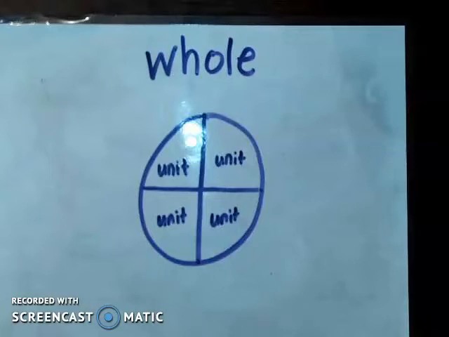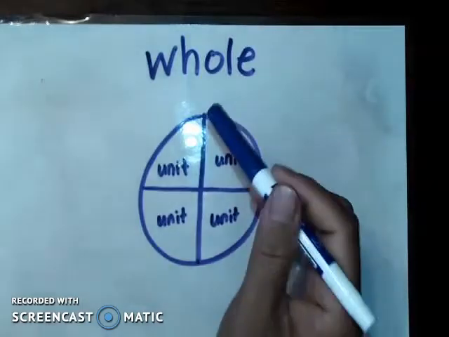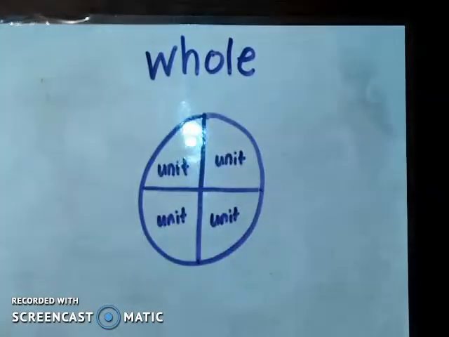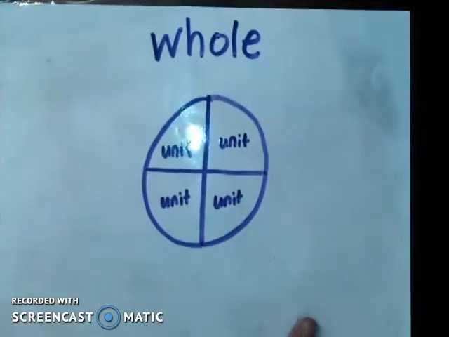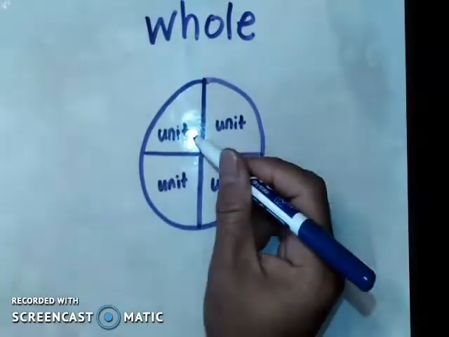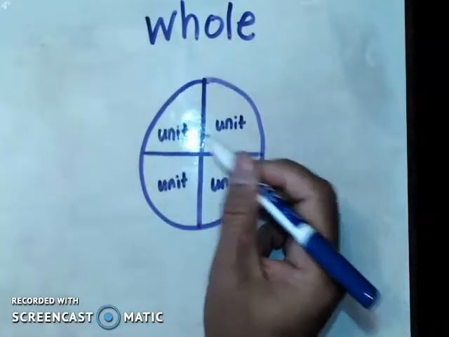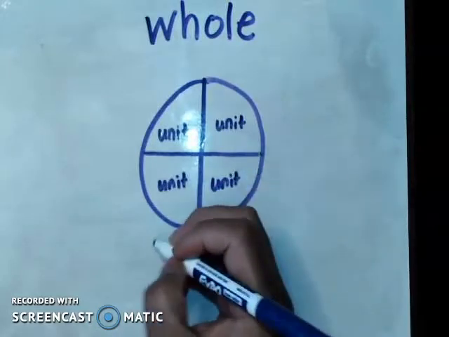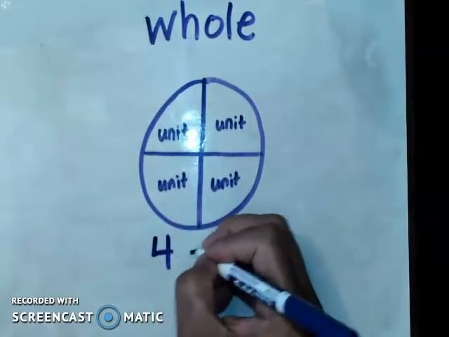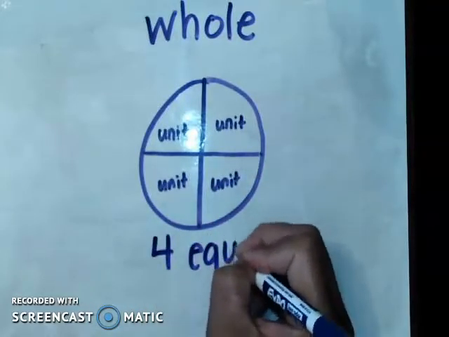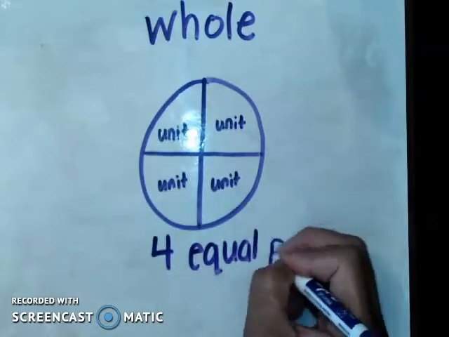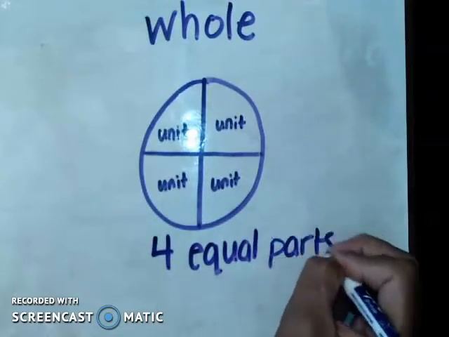Okay. So let's move on. When we talk about a unit fraction, we're talking about parts, just a piece of the whole, just a piece of it. So this particular circle has how many equal parts, how many equal units? It has 4, right? So it has 4 equal units, or we're going to call equal parts. So go ahead and write that on your whiteboard.